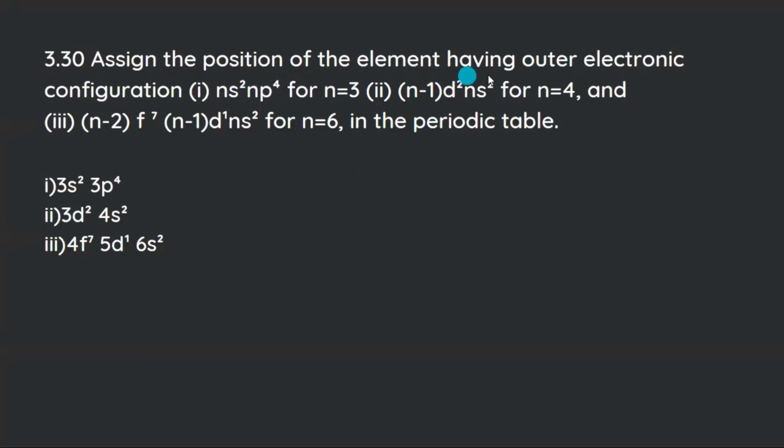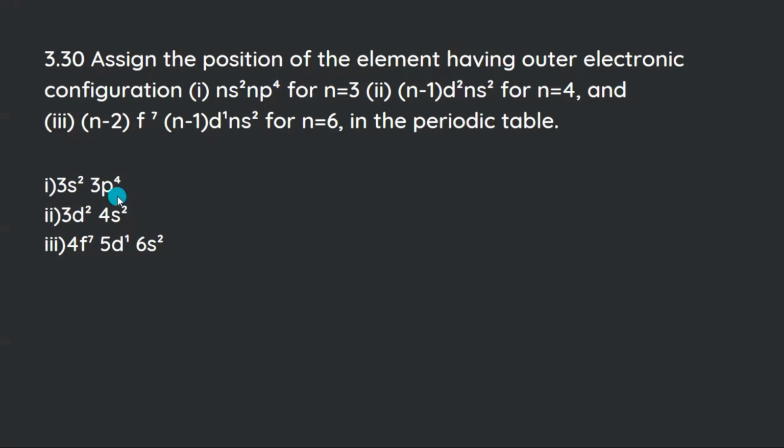Assign the position of the element having the outer electronic configuration ns2, np4, for n equals 3. So 3s2, 3p4. Generally for our p block elements, I find this is the easiest way to understand this. Think about this.